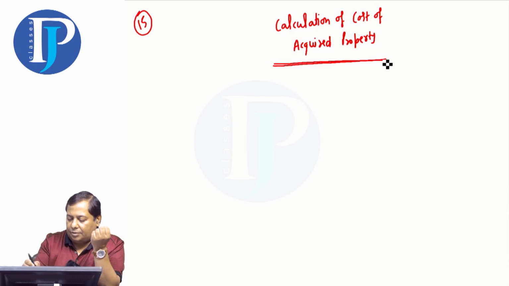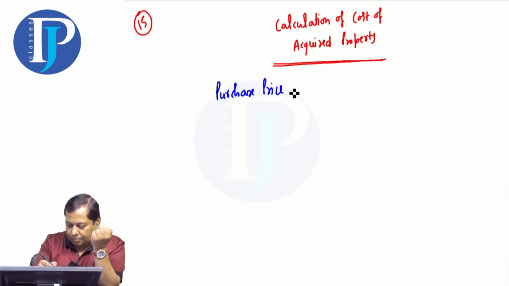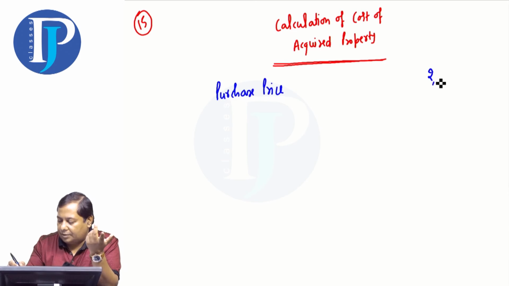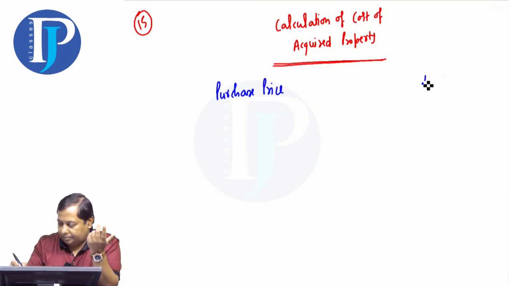What should I write first? First, I will write down the purchase price. Tell me, what's the purchase price? 1 crore 80 lakh rupees.